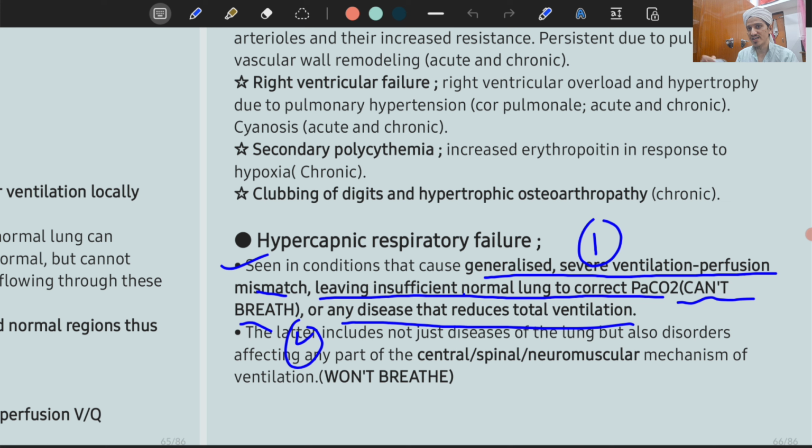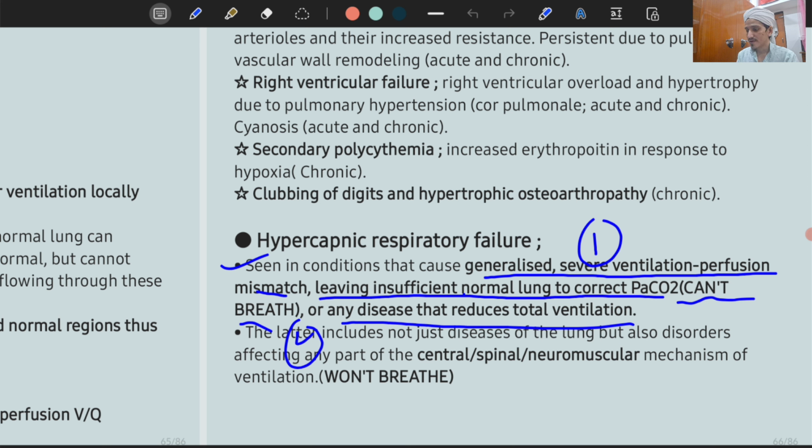By ventilation, oxygen comes inside and carbon dioxide is eliminated from the body. So when there is a decrease in the cycle of ventilation due to some cause, that will cause hypercapnia. Examples of generalized lung disease are upper airway obstruction, the most common cause severe COPD, and in some cases severe asthma can also produce hypercapnic respiratory failure.